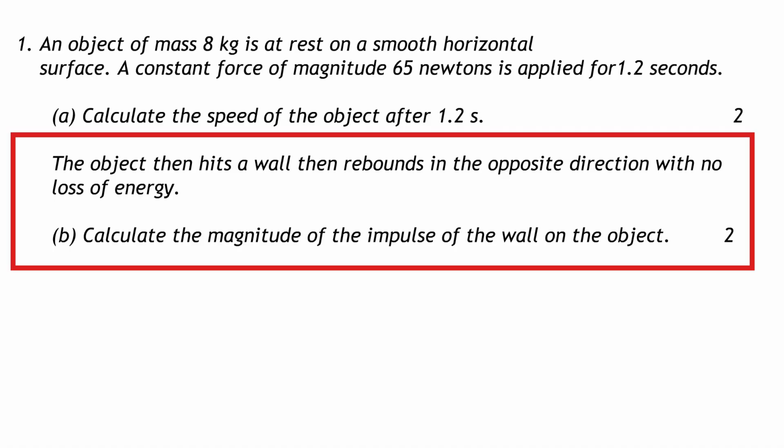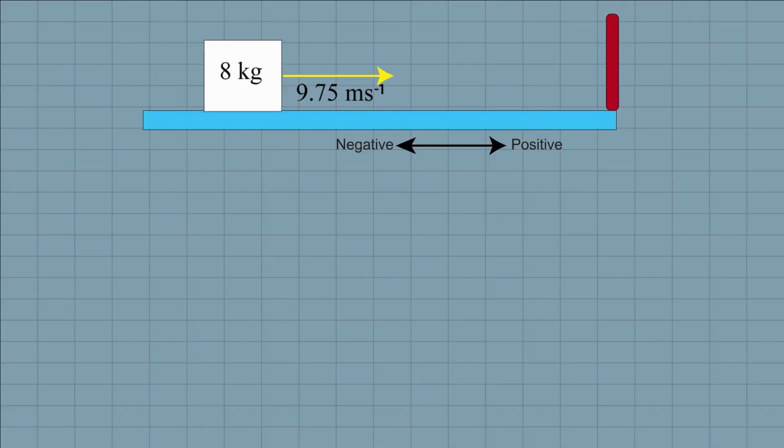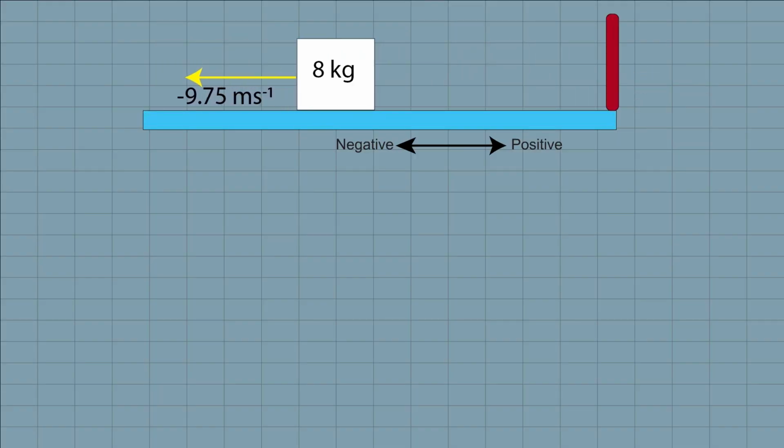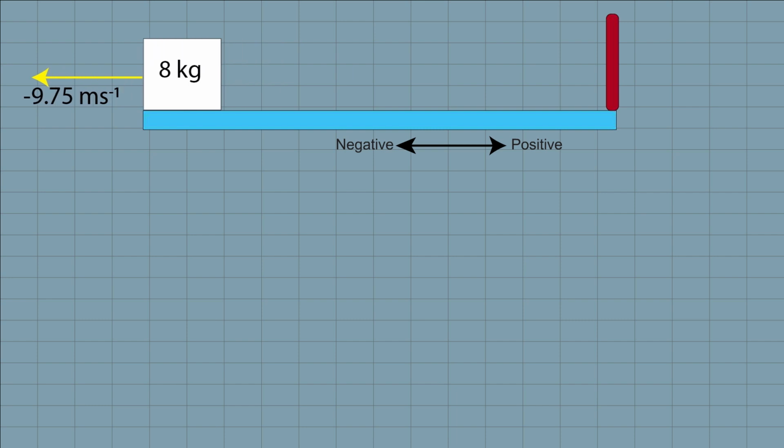Question 1b. Now we're told our block's going along at 9.75 meters per second. It strikes the wall and it rebounds with no loss in energy. Now we can take that to be, in this case, no loss in kinetic energy. Therefore the speed at which it hits the wall is the exact same speed at which it retreats from the wall, 9.75 meters per second.